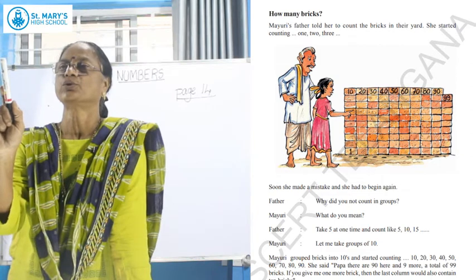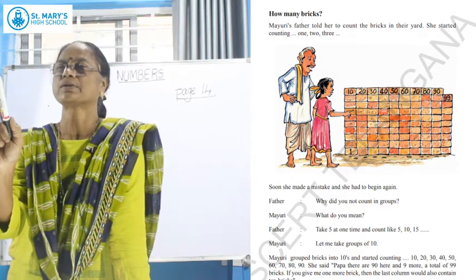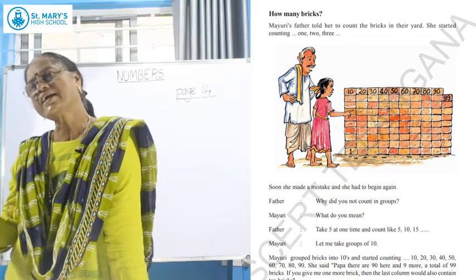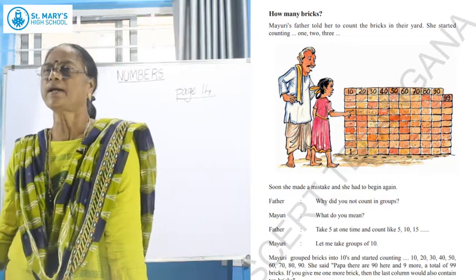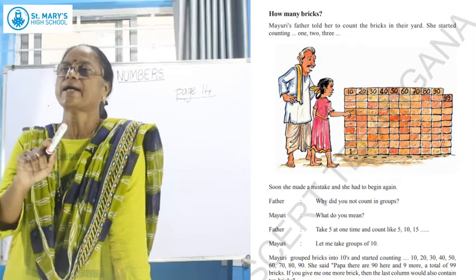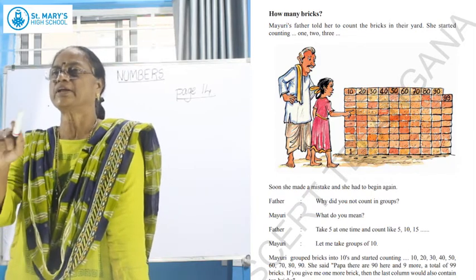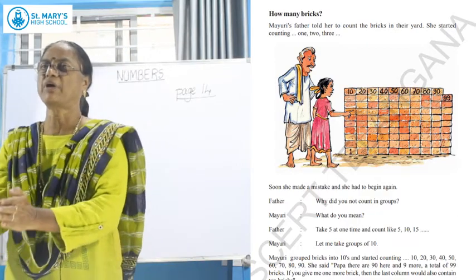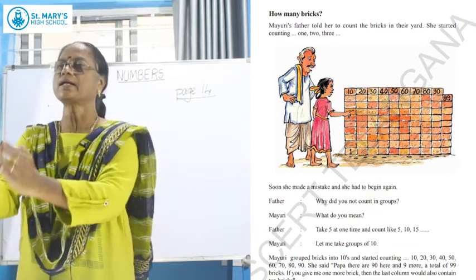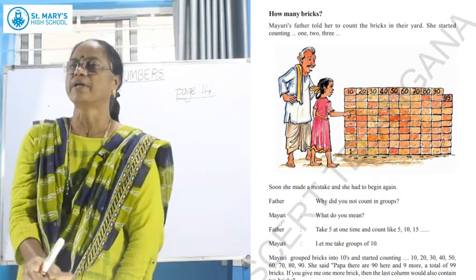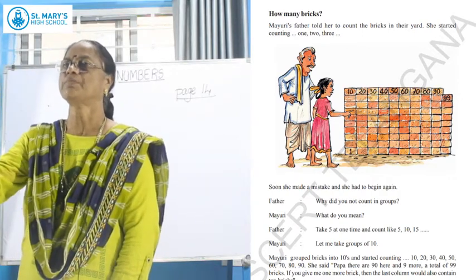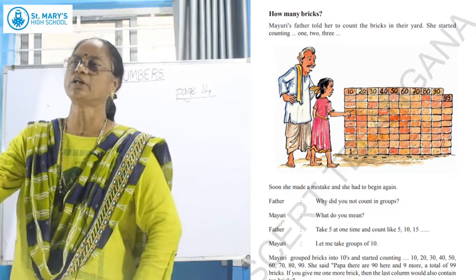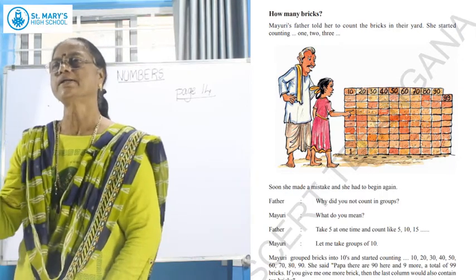1, 2, 3, 4, 5, 6, 7, 8, 9, 10. The next row also has 10 bricks. That is why they have consecutive numbers there, 10, 20. They counted 10 tens, multiples of 10, and written there are 10 bricks, 20 bricks, 30 bricks, 40 bricks, 50 bricks, 60 bricks, 70 bricks, 80 bricks, 90 bricks.